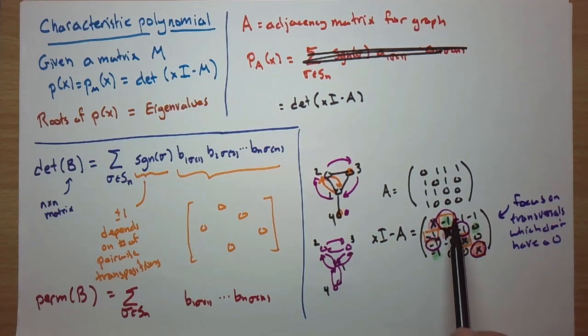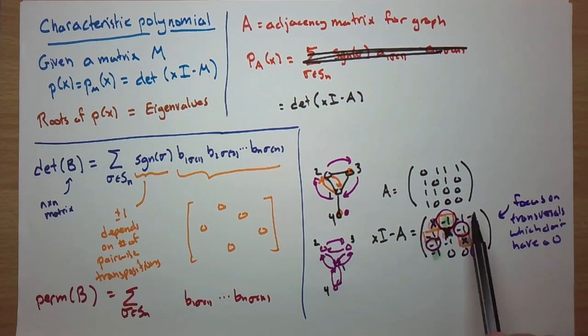Now, if I have an entry here in the 1, 2, can I also pick the x in, say, row 2? No. If I pick an entry off the diagonal, I can't pick an x in that row, and I can't pick an x in that column.